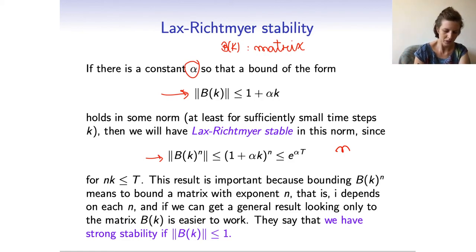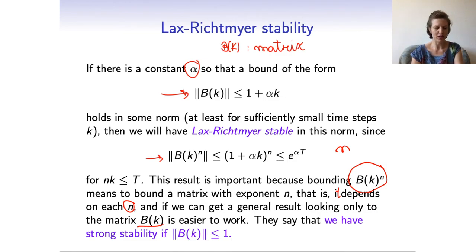So this result is important because bounding this matrix means bounding a matrix with exponent n, and it depends on each n, and if we can get a general result looking only at the matrix B of k, it is easier to work.